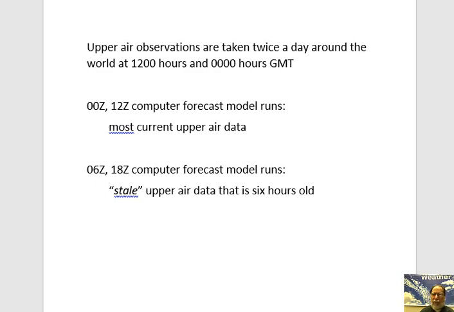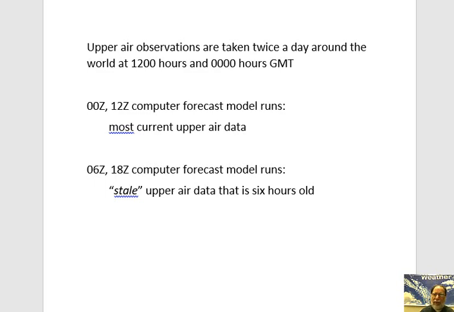And I know a lot of the viewers are very interested in computer forecast model generated snowfall maps, as am I. You see them all the time on Twitter or Facebook, and I wanted to put out this video just to put out a warning that you have to be very careful of computer forecast model snowfall maps, especially if you're going far out in time, let's say for the next 10 days out beyond the current time period, and specifically for particular computer forecast model runs at 6Z and 18Z.